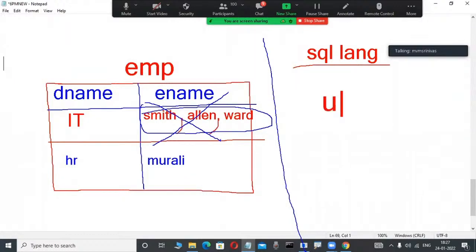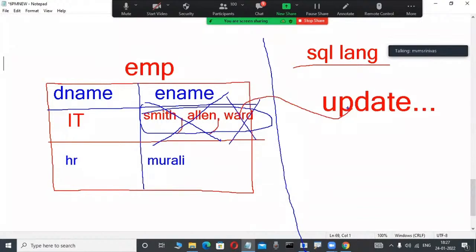Suppose I use the update command in SQL. Through this update command, I try to modify only a single employee name from these multiple employees. Impossible. This update command is not working.